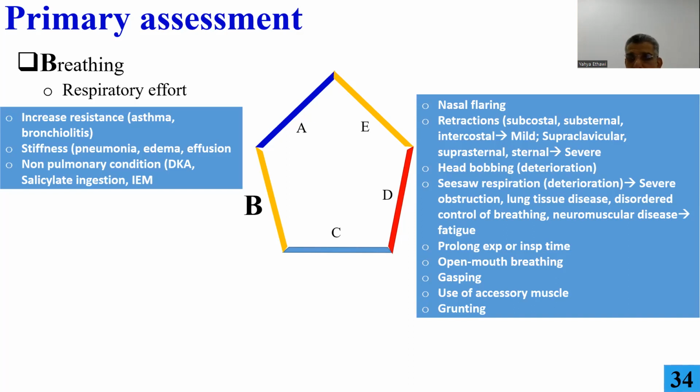Please remember whether it's prolonged expiratory or inspiratory time. And remember if the child is opening his or her mouth. And remember what's gasping. What's gasping? Anybody remember what's gasping? It is a brainstem reflex that occurs before the patient becomes apneic.